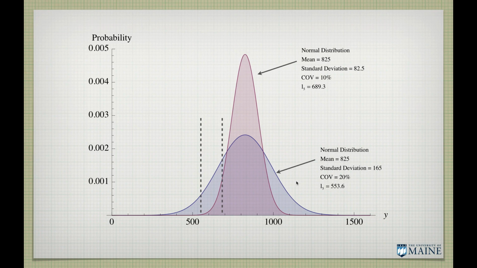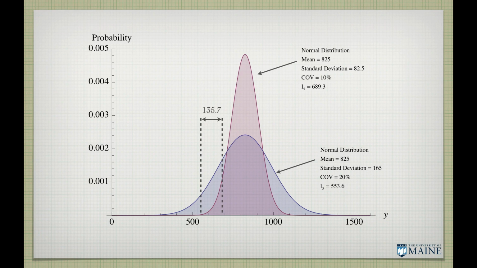But you could also test a material and say the mean could be the same, 825, but it's more variable. Let's just say it's twice as variable. The COV is 20%. In that case, the L5 would be down here at 553.6. So the same average value, but the more variable material has a lower 5% exclusion limit.